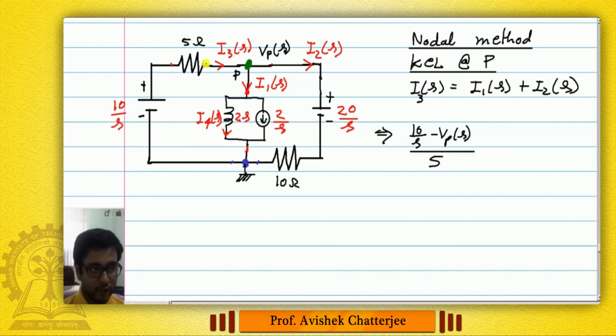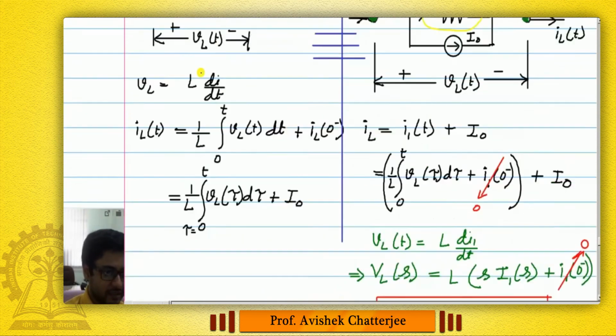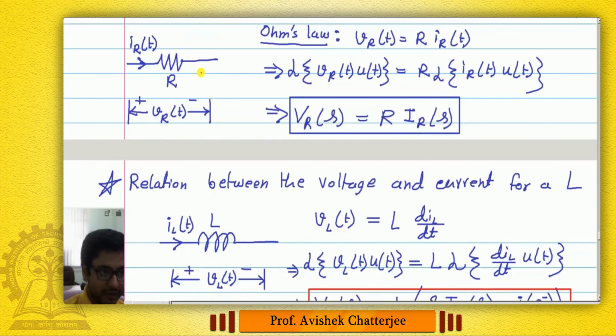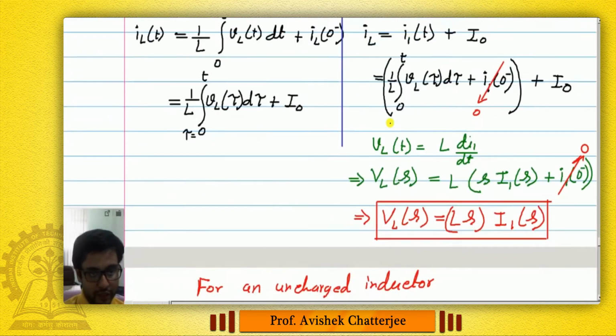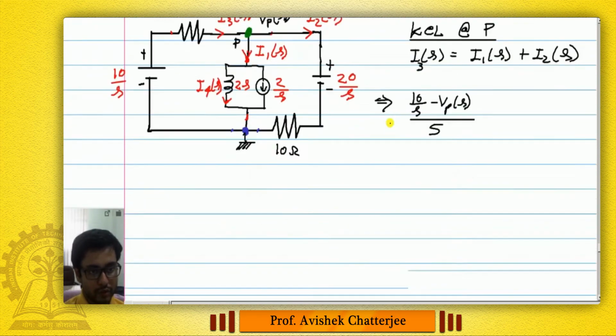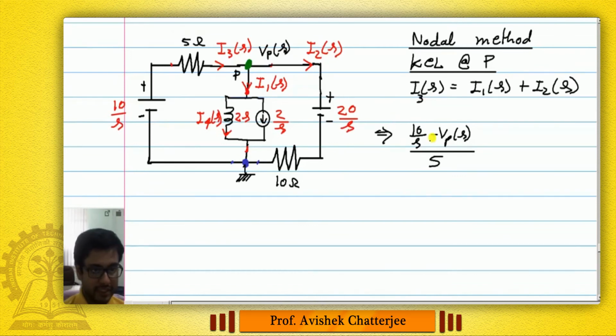Because we have seen that for a resistance the relation between the Laplace transform of voltage and current looks exactly similar to Ohm's law. So this is the I3S and this is equal to I1S.